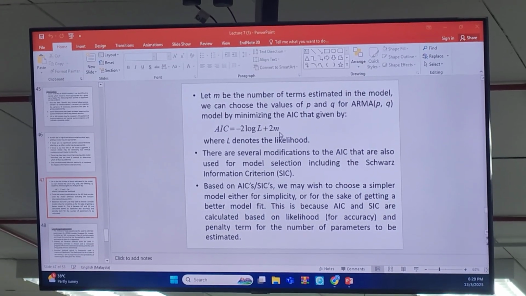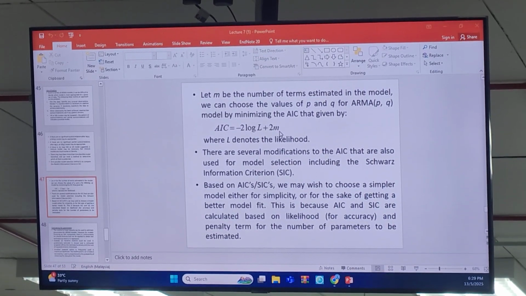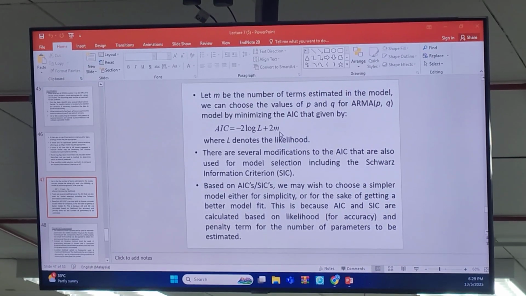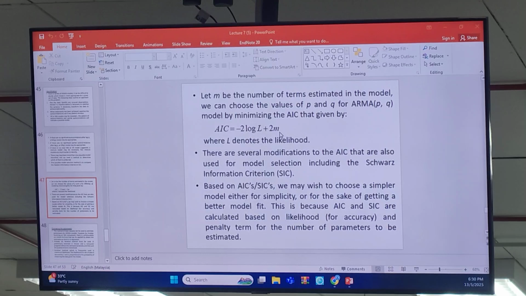Remember before, the number of parameters influences the degrees of freedom. Smaller degrees of freedom, less reliable our estimate.